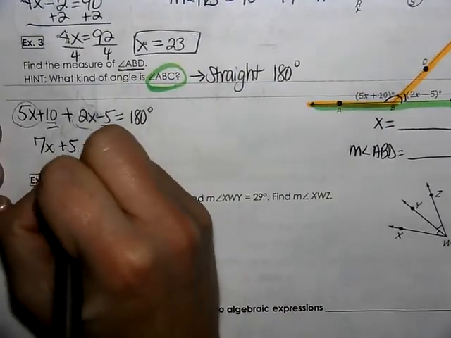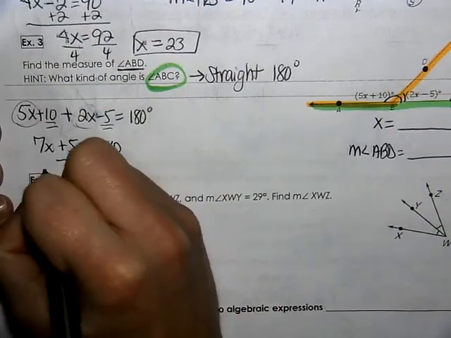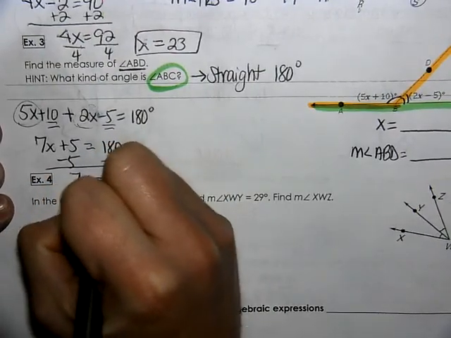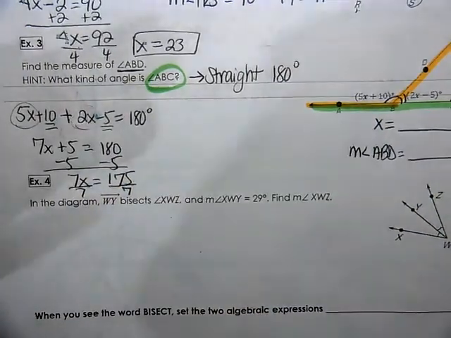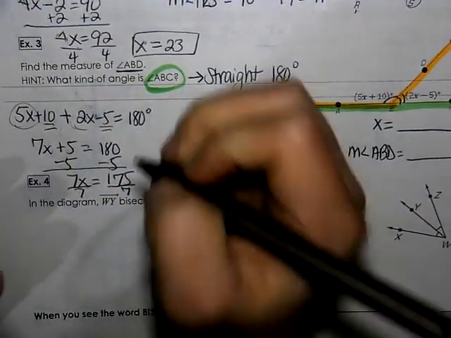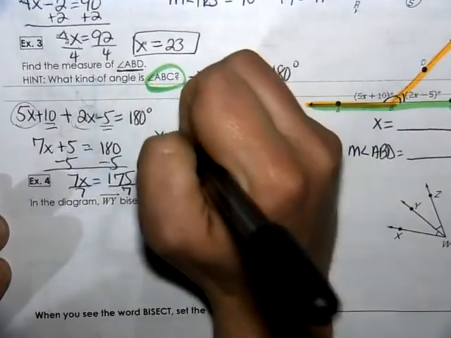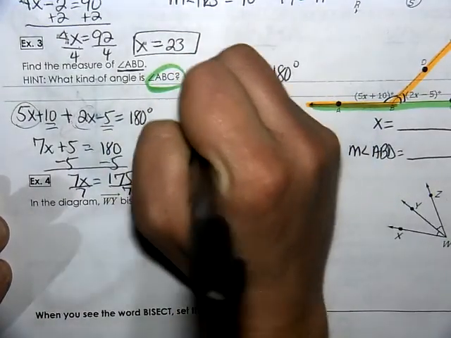I'm going to subtract 5 on both sides. And when I do that, I end up with 7x equals 175. I'm going to divide both sides by 7, and as long as you have a calculator, I think you should be okay. But we find that x is equal to 25.